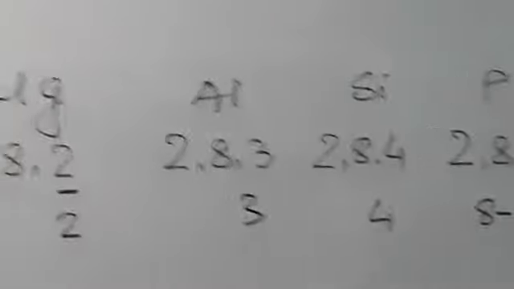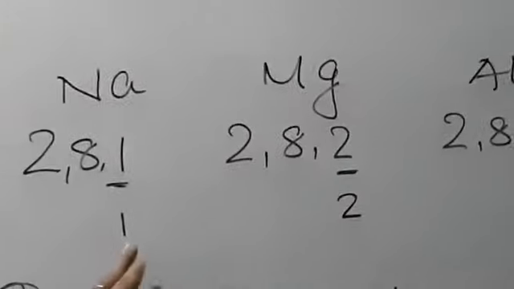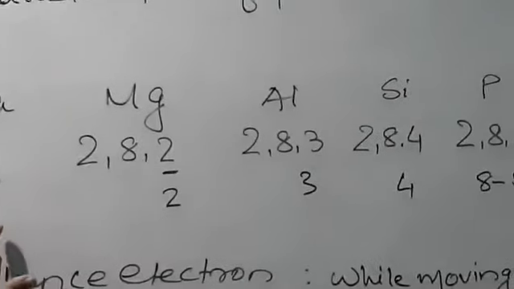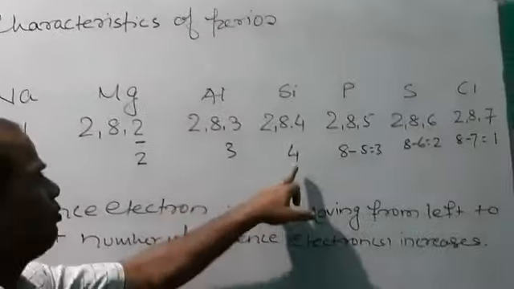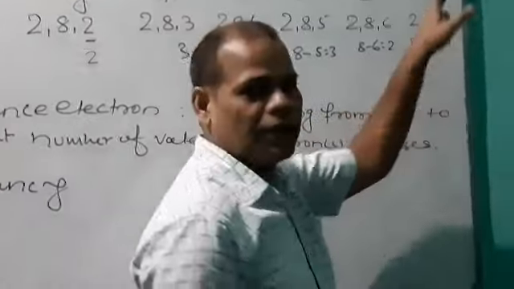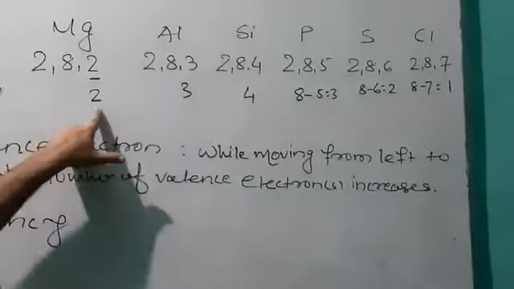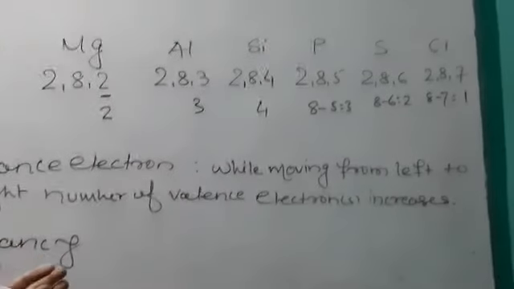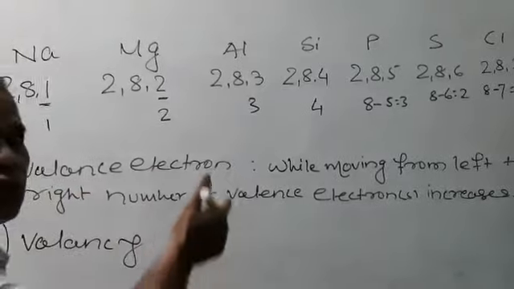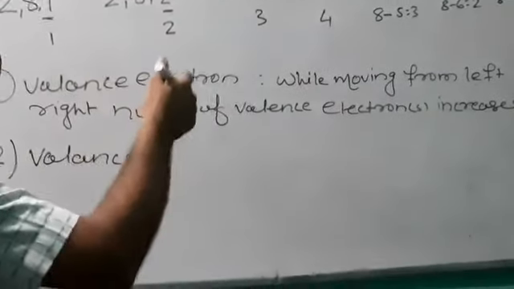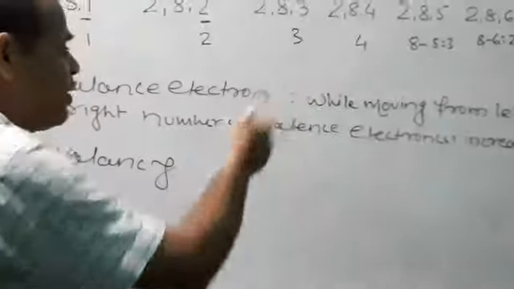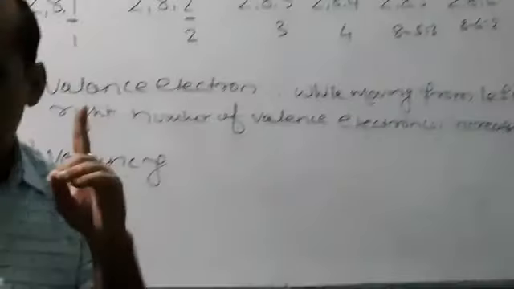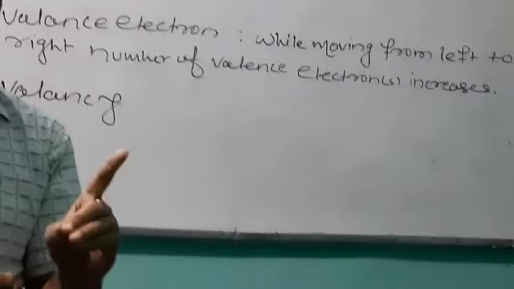Now you see the gradation along the period. The valency is 1, 2, 3, 4, 3, 2, 1. So while moving from left to right across the period, valency first increases and then decreases.